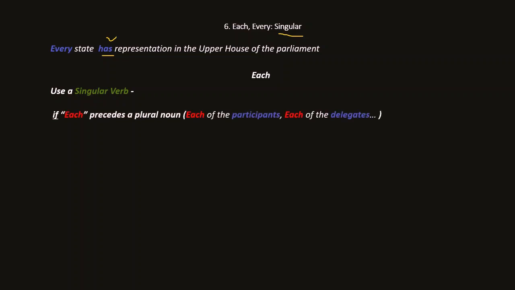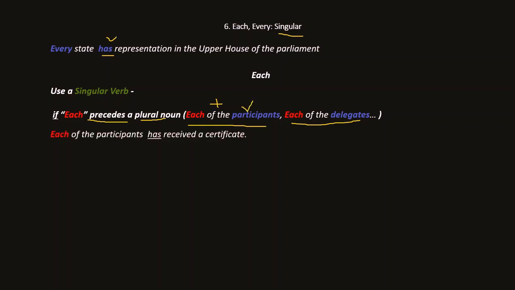For example, each of the participants, each of the delegates, etc. So in these cases, you have each plus a plural noun. Hence, we use a singular verb. Please note, each comes before the plural noun.